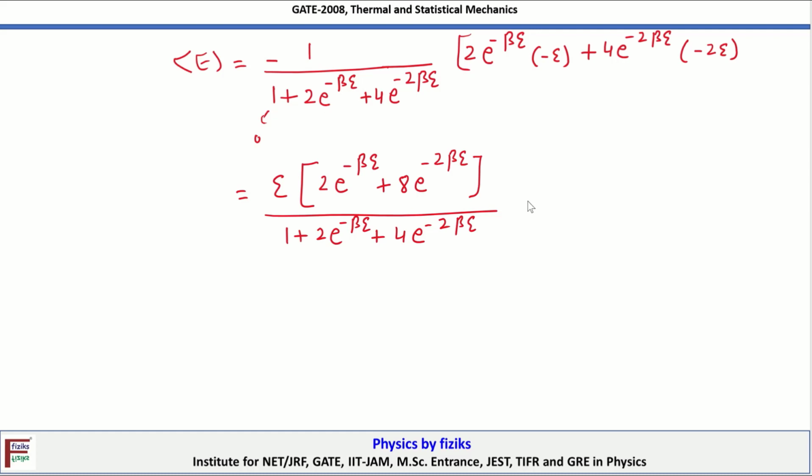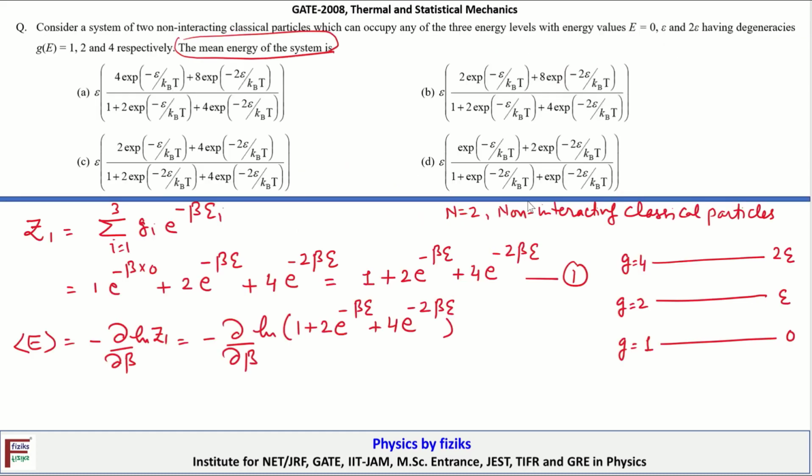Okay, so let's check which option matches. So this is equal to e into 2 exponential minus beta e plus 4. Which one is having the 4? So let me check which option matches.